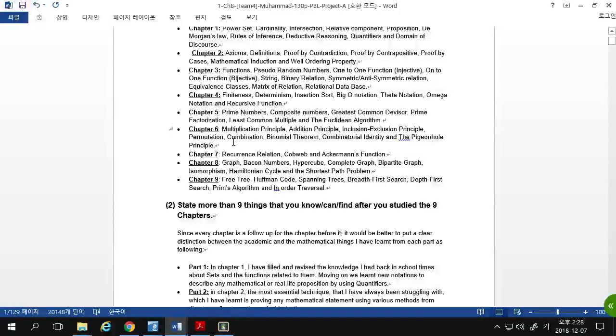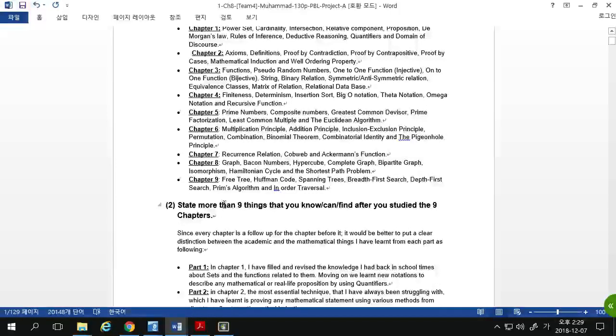For chapter 6, we learned about some more detailed principles like the multiplication or addition principle, but the most important thing in this chapter is the inclusion-exclusion principle, which is a principle applied to different sets. In chapter 7, we learned also something related to programming, which is recurrence relation.